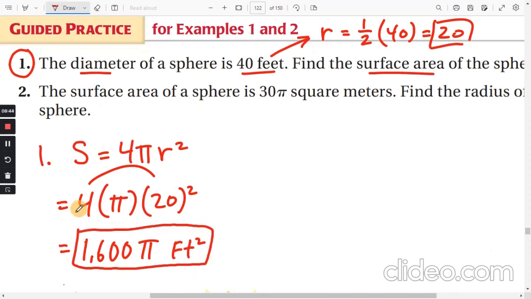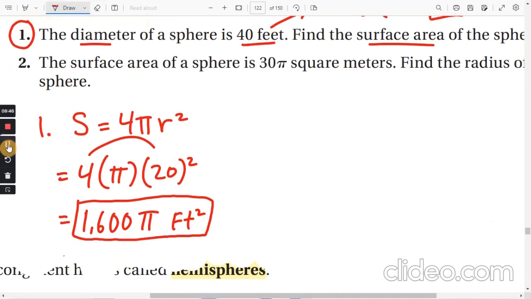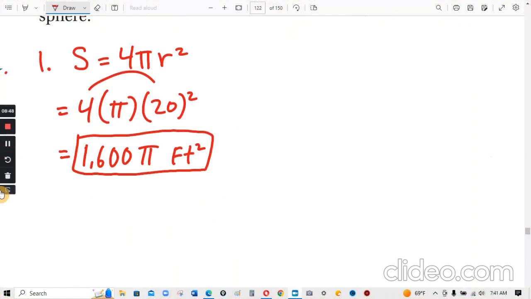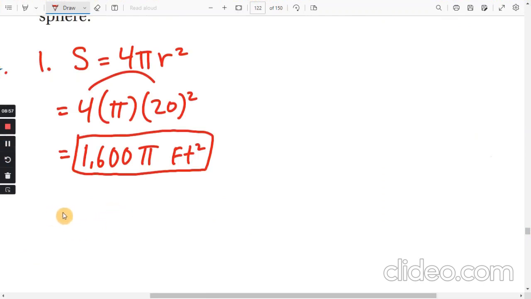All right, and if you wanted to round off, I'll do 1,600 times pi on the calculator, and if you round off, 5,026. Okay, I get 5,026, and if I did 2 decimals, it would be 0.55.